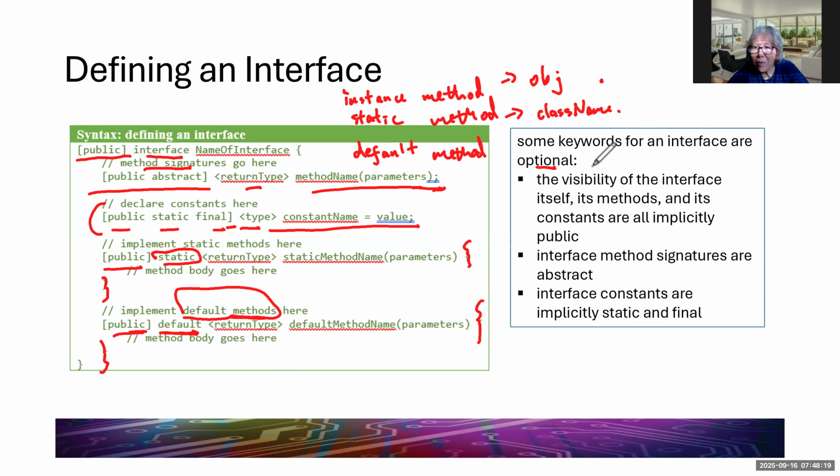So here it summarizes the keyword optional: the visibility of the interface itself, method, and constants is implicitly public, and the interface method signature is implicitly abstract, okay? And interface constants are always implicitly static and final.